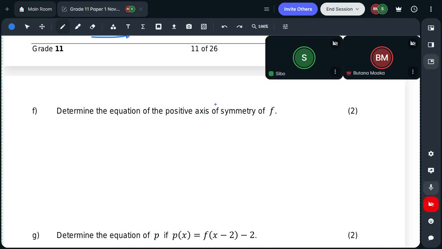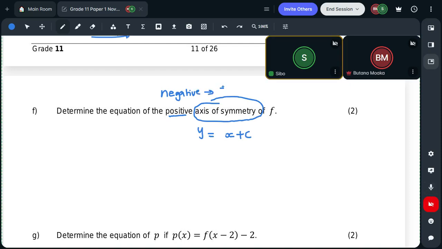When they ask for the axis of symmetry, the equation for the axis of symmetry is y equals x plus c if it's positive. But if it's negative, the axis of symmetry is going to be y equals minus x plus c.